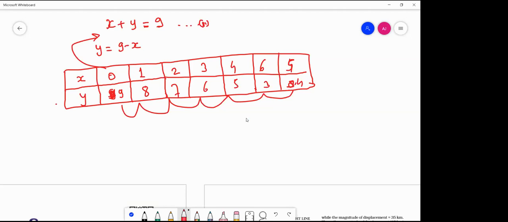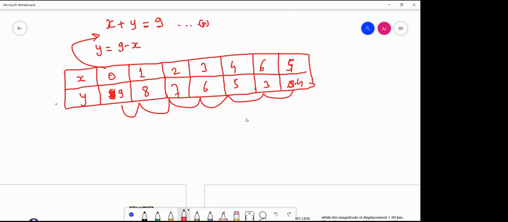And then you can write the definition: the equation having two unknown quantities, in bracket you can write variables. So unknown quantities are called variables.